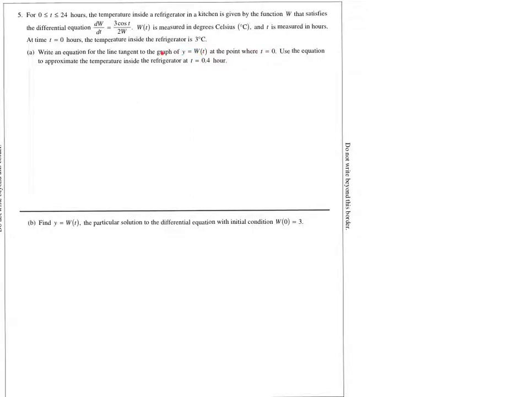So we don't know what w of t is, but the function, some curvy kind of thing, obviously has some kind of trig aspect to it. But we know that there's a point on there at 0, 3, and then when it says use the equation to approximate the temperature inside the refrigerator at 4/10 of an hour, we're going to use linear approximation there.